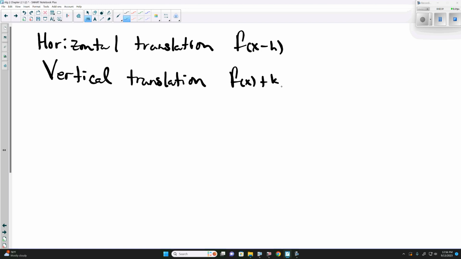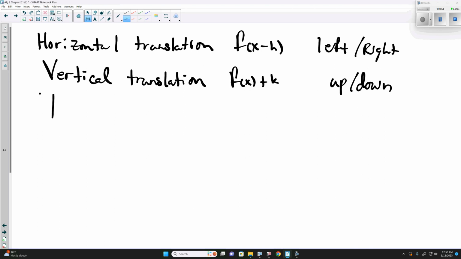Inside the parentheses is our left-right, just like the function tells us left or right. Outside is our up or down. This notation helps us apply these transformations to the given function.